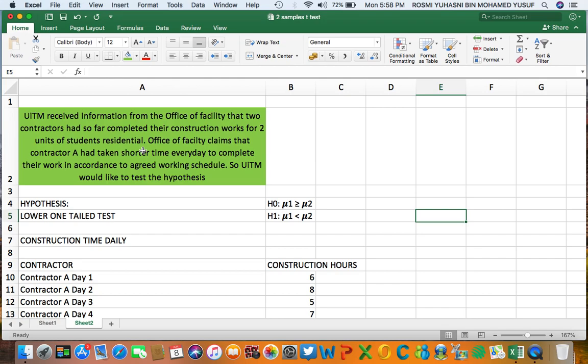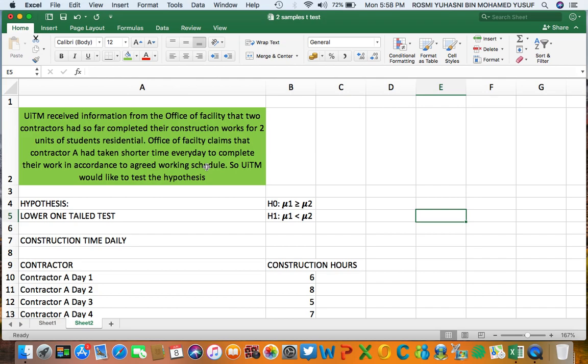The Office of Facility claims that contractor A had taken shorter time every day to complete their work in accordance to the agreed working schedule. So we have two contractors, A and B.